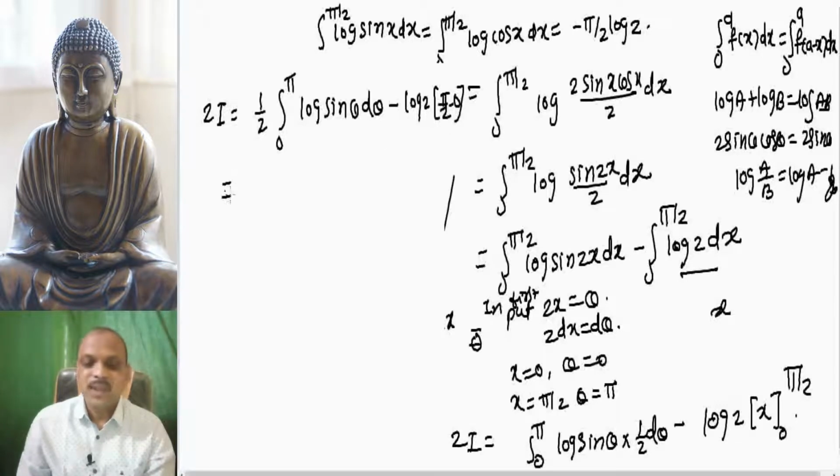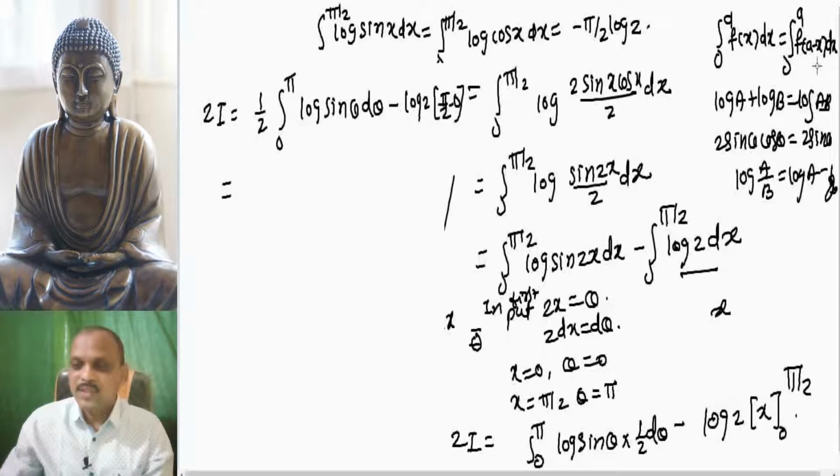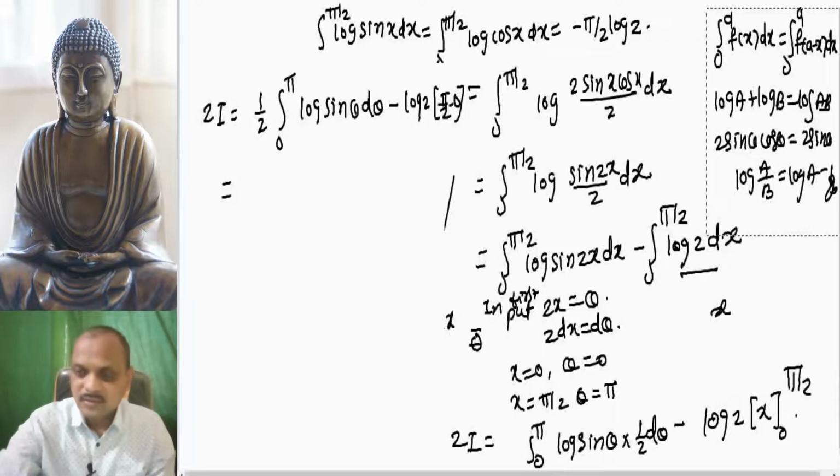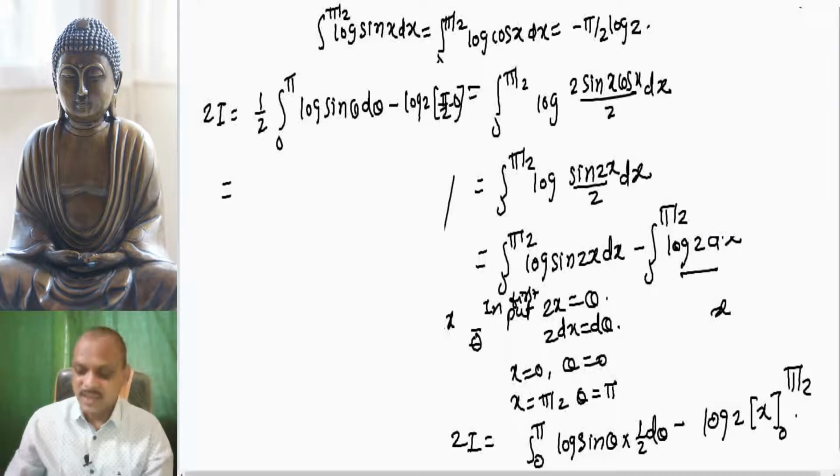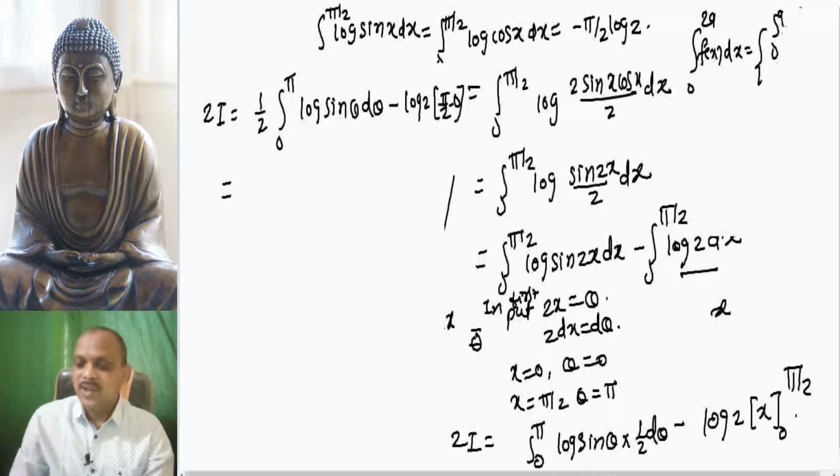What is property number 6? Whenever we have the integral from 0 to 2a of f of x dx, this gives two parts: twice the integral from 0 to a of f of x dx. This holds when f of 2a minus x equals f of x, right?